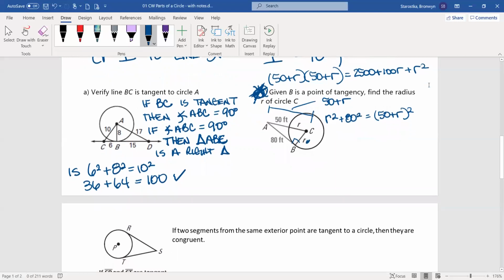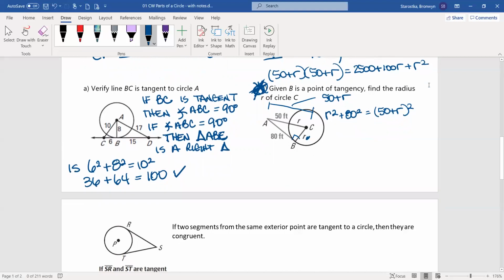And in each of these kinds of problems, this is the cool thing that's going to happen. We've got R squared plus 8 times 8 is 64, so it's plus 6,400 equals 2,500 plus 100R plus R squared.